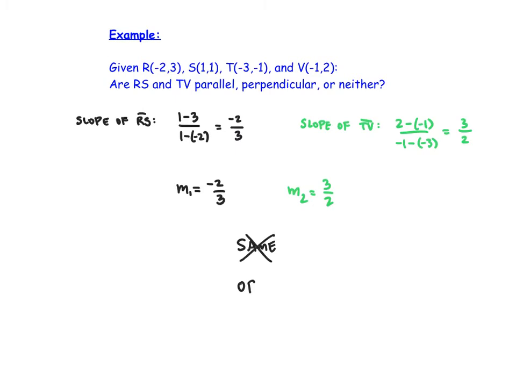These slopes are opposite reciprocals. Therefore, RS is perpendicular to TV. Outstanding. Let's do another example.